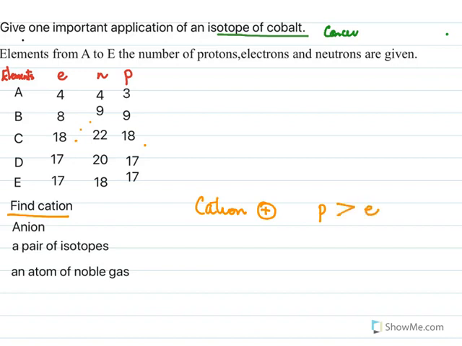So in which of the cases are the protons more than the electrons? If you see here, for B, the protons are 9 and electrons are 8. So protons are greater than the electrons, so B is a cation.